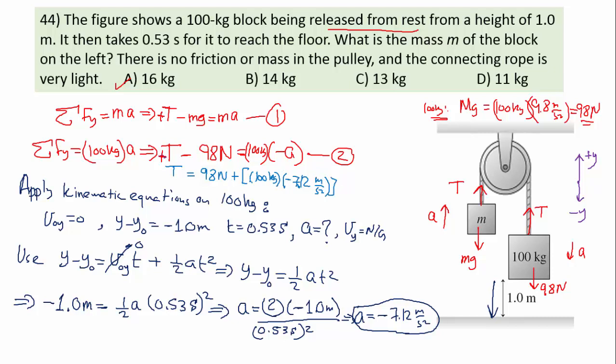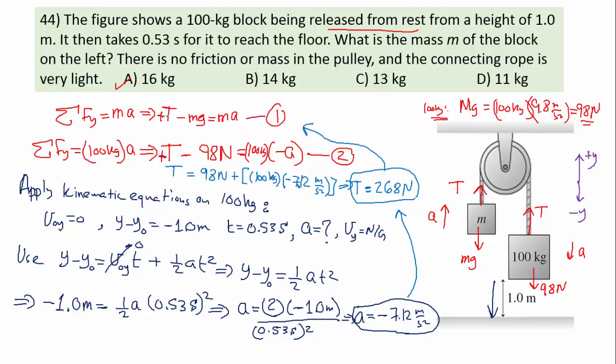So this is 98 Newton minus 712 Newton, and that will give you 268 Newton. So now we found the tension. Again, we are going in the opposite direction now. And now we go back to equation number 1 to solve for the mass.